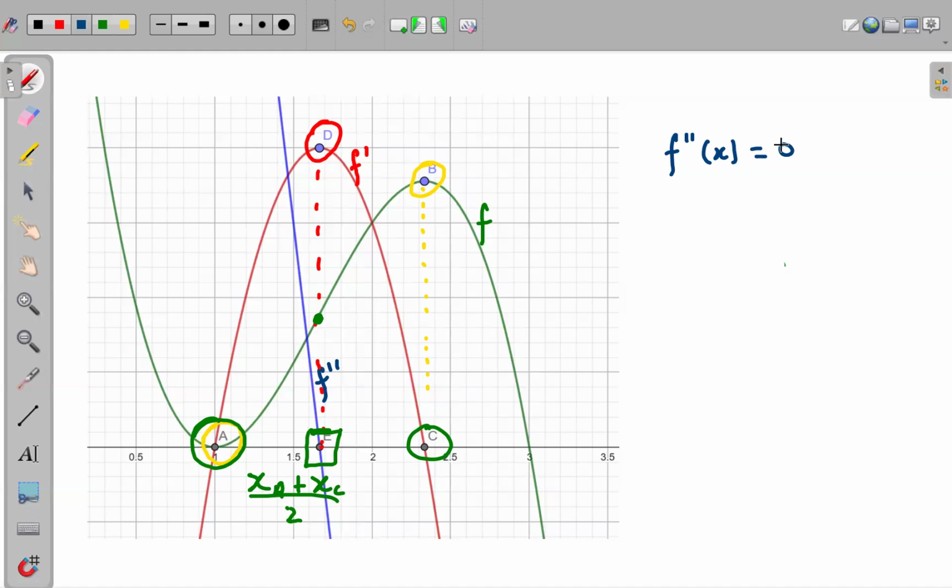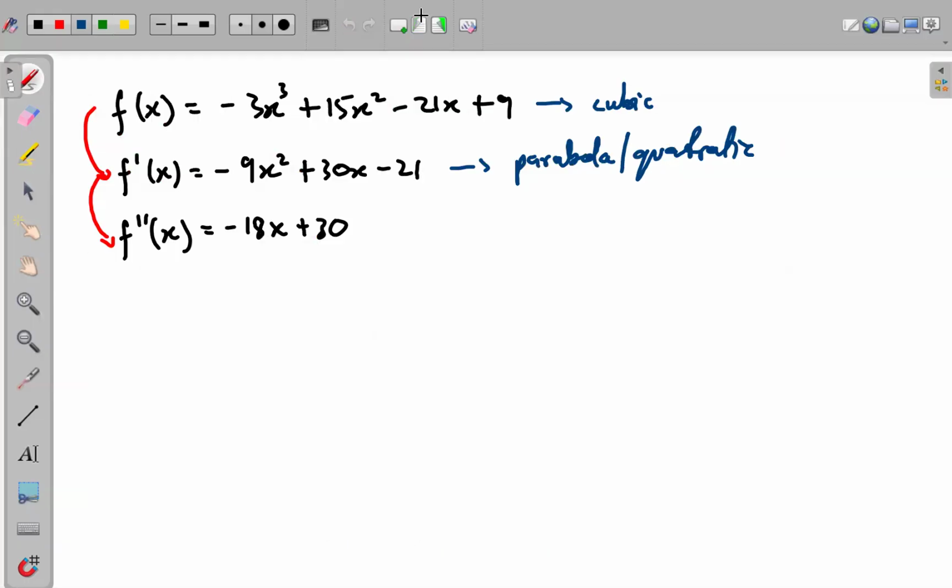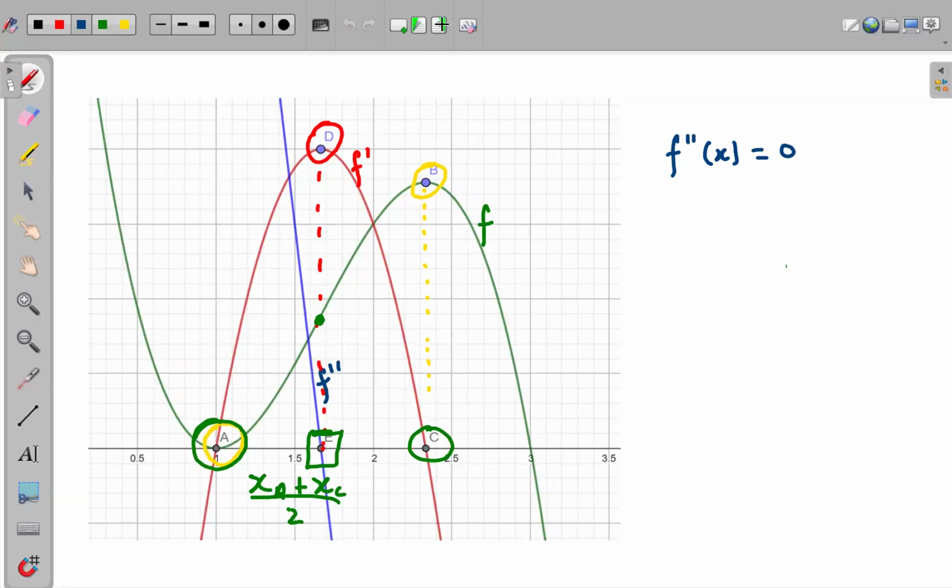And practically speaking, your second derivative is essentially a straight line equation. So when you take the straight line equation and equate it to 0, you are literally finding the x-intercept of that straight line. And it has to make sense then why that x-intercept of the straight line is the x-coordinate of the point of inflection.